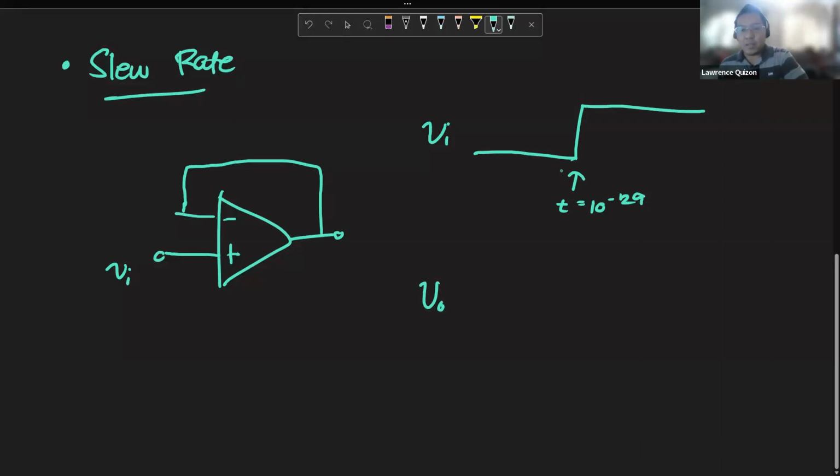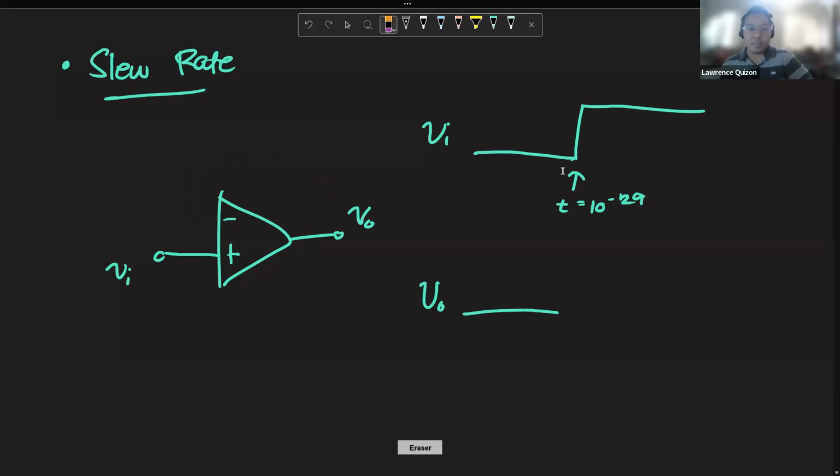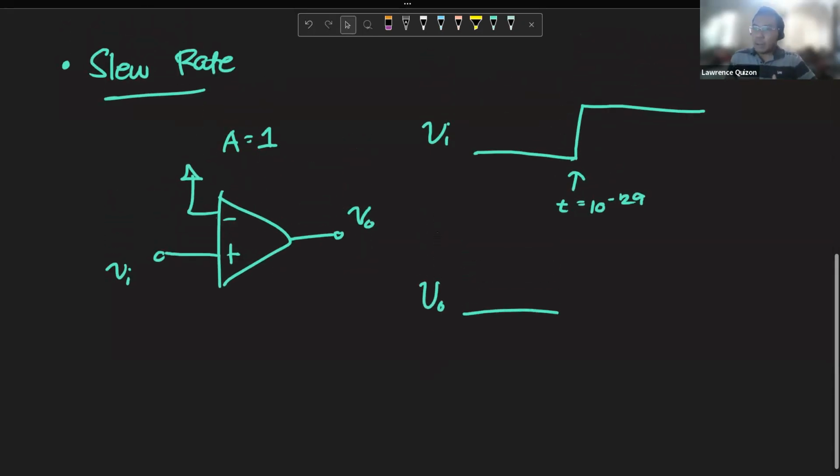What do you think happens to the op-amp output? Sige, let's make it simpler. Let's make this ground and let's make the gain like 1. So, what do you think happens to the output of this op-amp kapag nag-step siya?